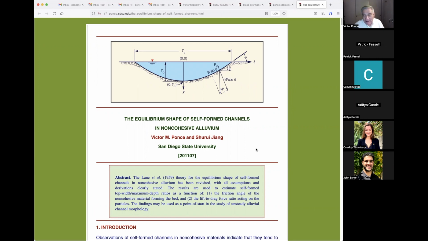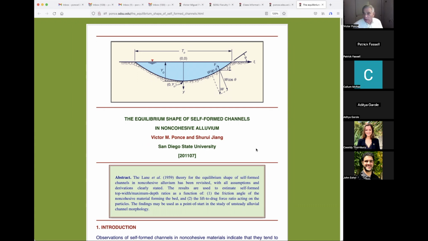Emory W. Lane wrote that famous paper, 1955, which everybody talks about. He's a famous guy. But hardly anybody knows that he also wrote another paper in 1959. For whatever reason, it wasn't really published.